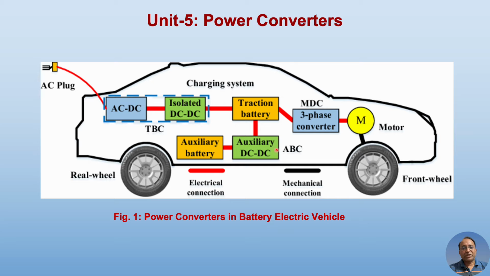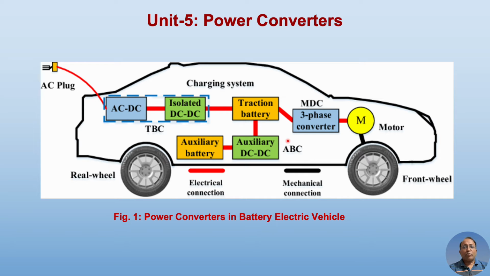This is a step down DC to DC converter. At the supply charging point, the AC to DC rectifier is again a low voltage circuit, so in the isolated DC to DC converter there is a step up of voltage. This is a step up DC to DC converter, and this auxiliary DC to DC is a step down type of DC to DC converter.